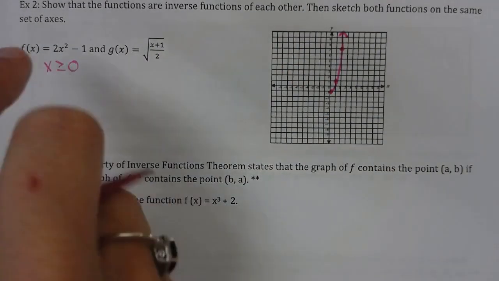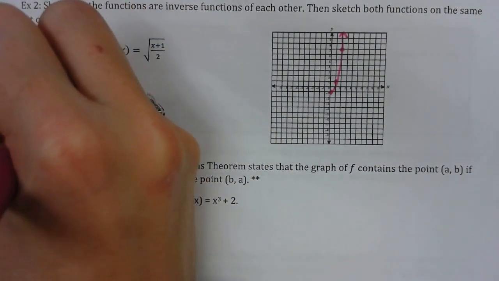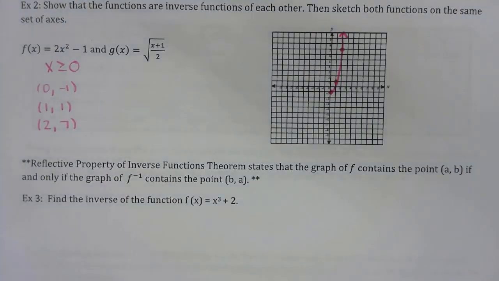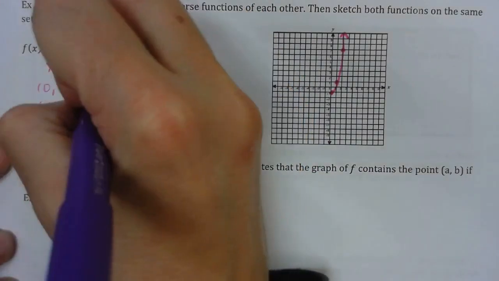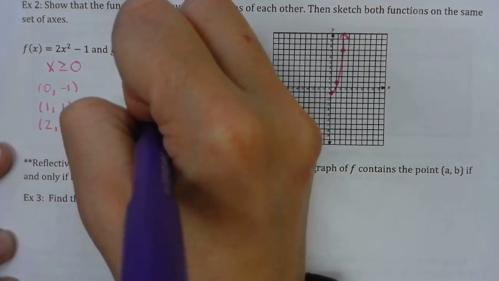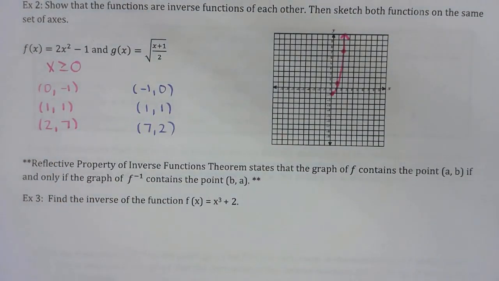So again, the f of x function contains the points (0, -1), (1, 1), and (2, 7). So its inverse function, g, without plugging in, should contain all of the flipped points: (-1, 0), (1, 1), and (7, 2).